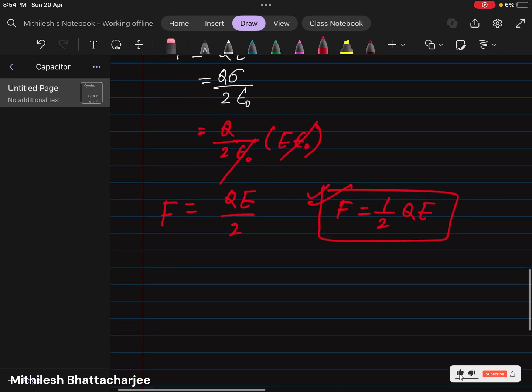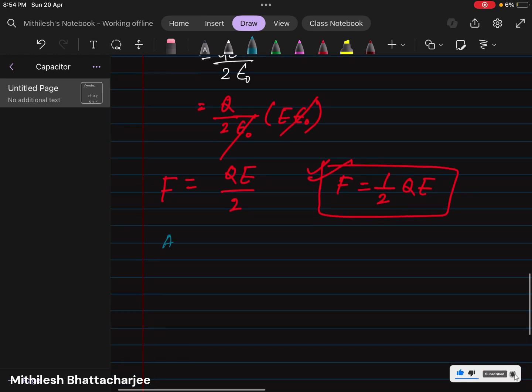Now see again, we can write force is equal to half into QE.